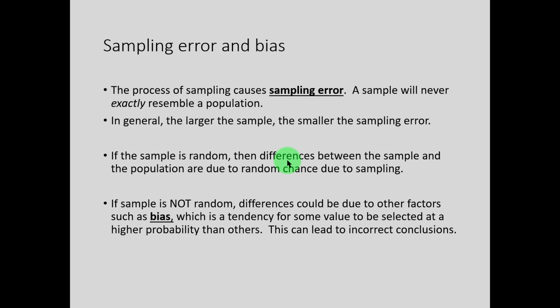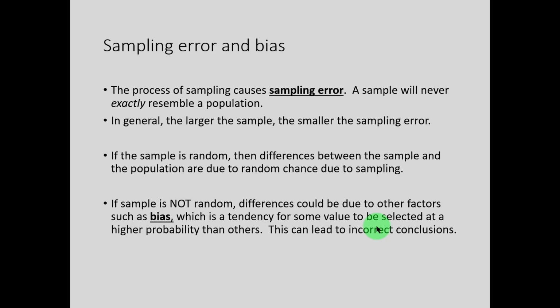However, if the sample is not random, then those differences, that error, could be due to some other factors such as bias, which is a tendency for some values or individuals to be selected at a higher chance than others. And if there is bias in the selection process of sampling from a population, then any inferences or conclusions made from that could be incorrect or inconsistent with the population.